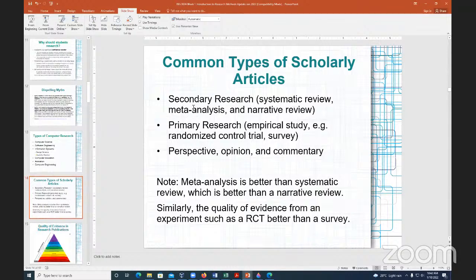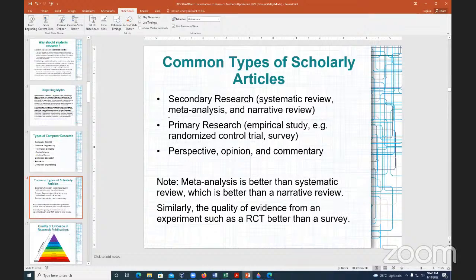A meta-analysis is a paper that is like a systematic review, but you take the statistical or quantitative data, essentially contacting each of the authors, and run statistical analyses on that data in order to find the trends across all these studies.